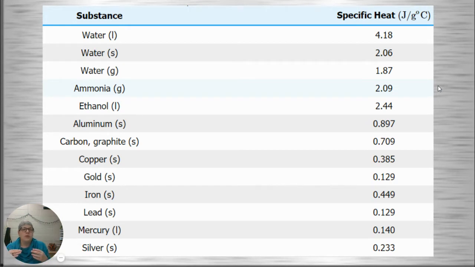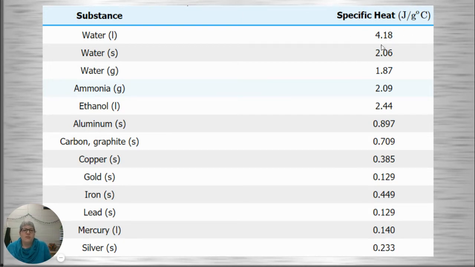If you think about a finite number of joules, like 100 joules worth of energy, and you put that into the same mass, let's say 5 grams of a bunch of different substances, you are going to get different temperature changes for each of those substances based on their specific heat values.